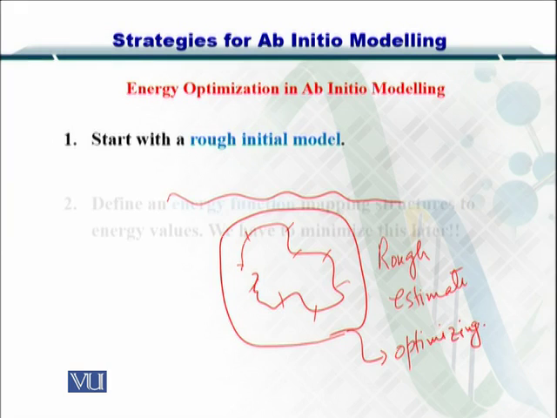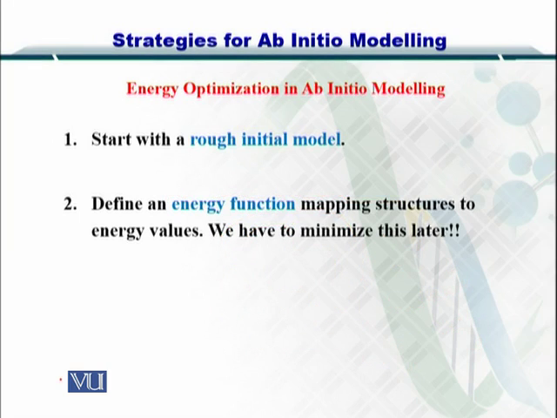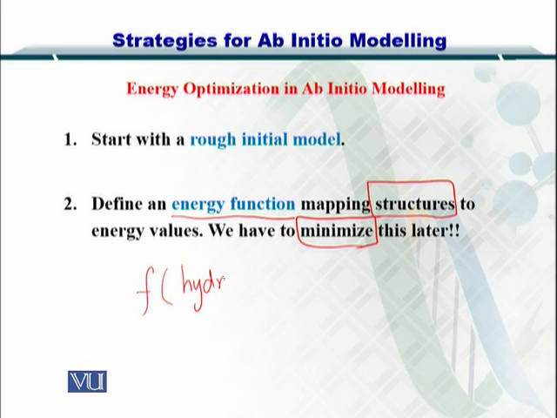Okay, next, you have to create an energy function. That is, you have to compute the energy of the structure that you have and minimize it. You can take the example of an energy function that is simply the number of hydrogen bonds within a structure.